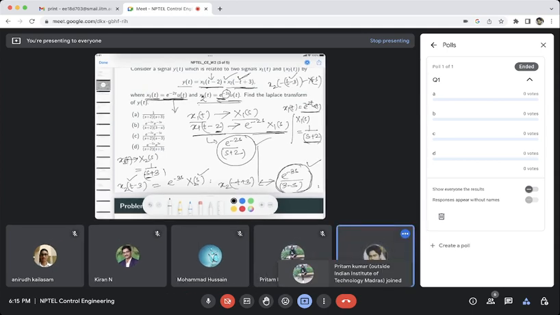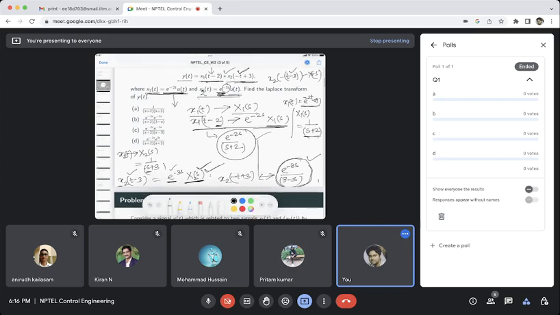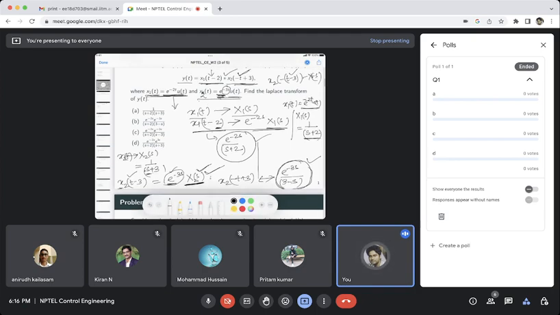Only the function inside that X will shift, because this term is multiplied later, when you apply the e to the power minus t term. If the Laplace transform of x2 is X2(s), then the time shifting property will affect inside it, because this term is outside x2, not inside x2. So the answer is e to the power minus 2s by s plus 2 and e to the power minus 3s by 3 minus s.